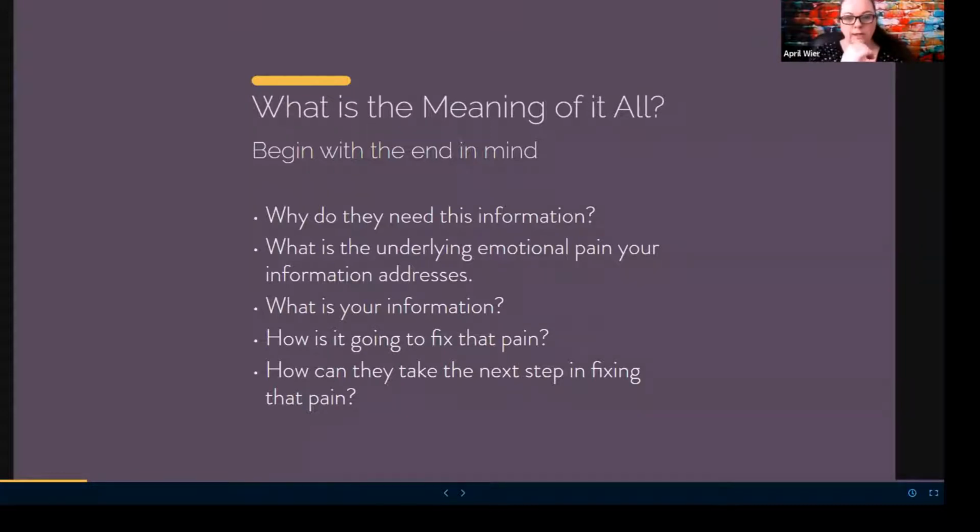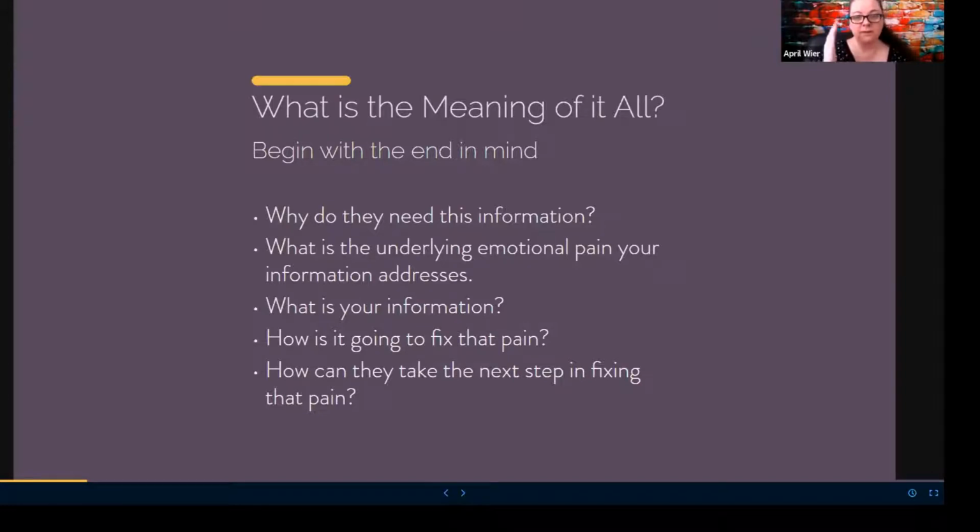And there are more layers than this, but essentially, you need to talk to people about why they need this information. What's the underlying emotional pain that your information addresses, right? What is your information? How is it going to fix that pain that we uncovered, and how can they take the next step in fixing that pain?